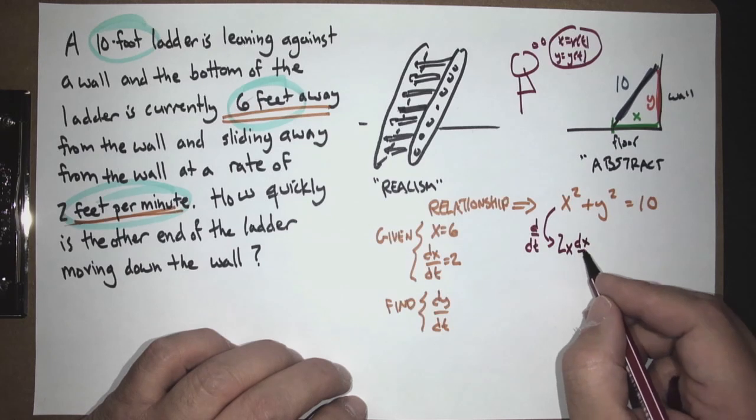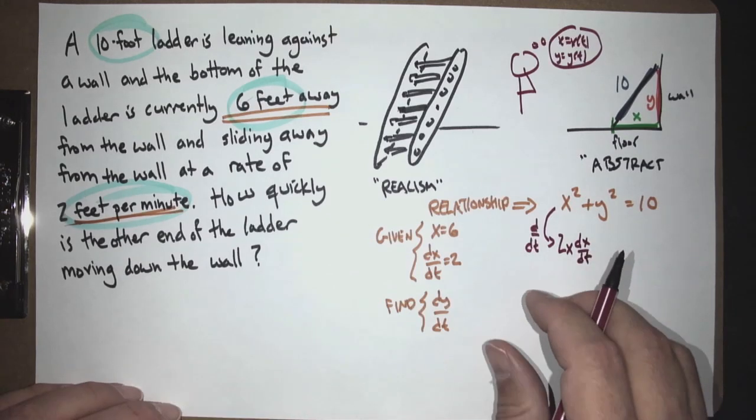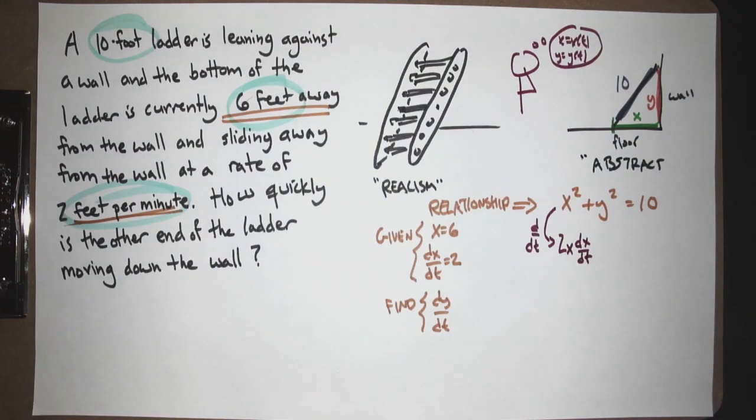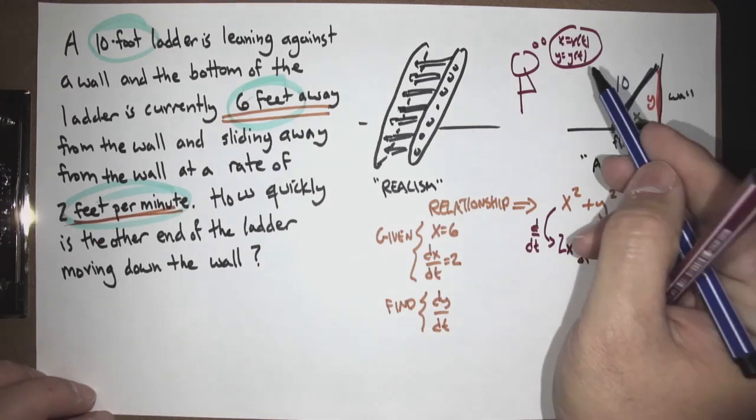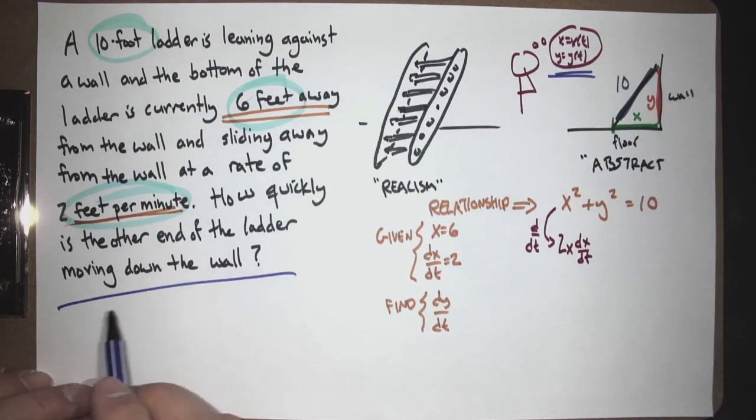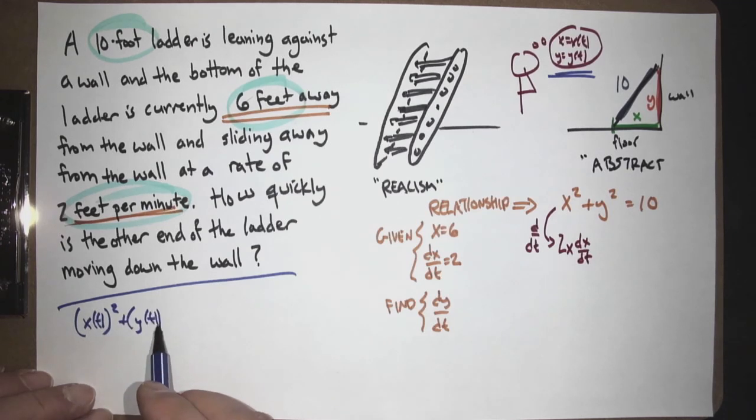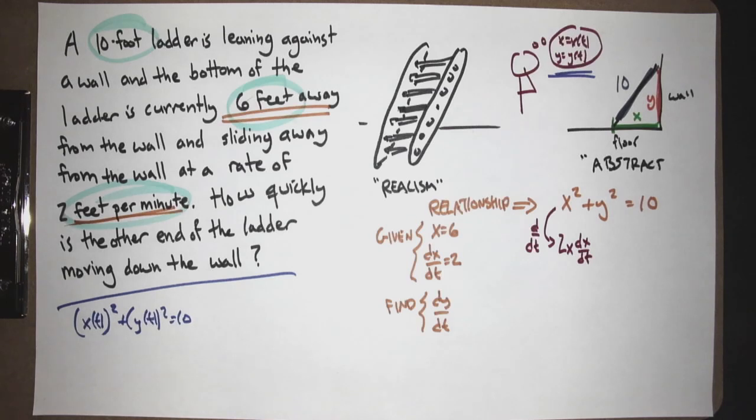Where is the dx dt coming from? Because this is our thought process, we normally don't write it out, but we could have. This really says x of t squared plus y of t squared equals 10 squared. And so we're taking the derivative of that. So it's the chain rule. The 2 comes down, x of t to the 1, that's the x, times the derivative of the inside, and the derivative of x of t is dx dt.